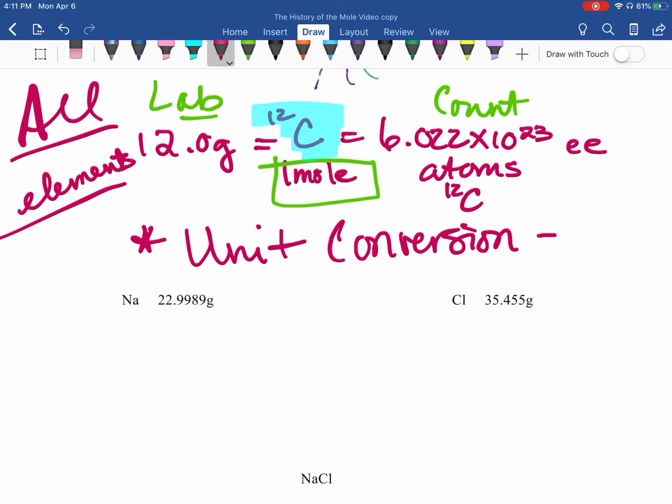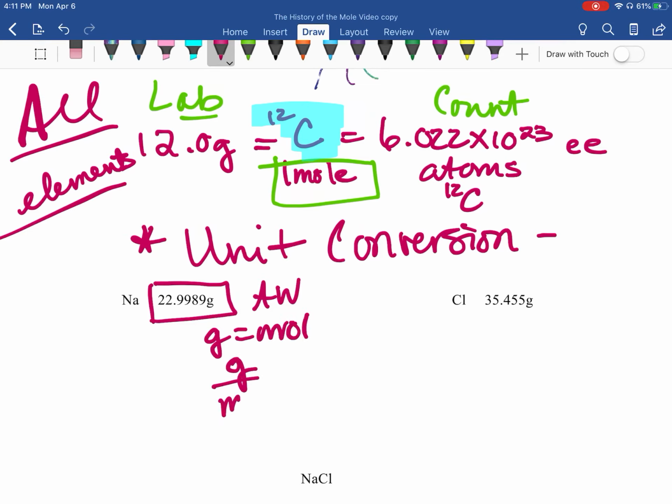That's it. So on the periodic table, anytime you see an atomic weight, the unit for that atomic weight is grams in a mole, which translates to grams over mole. So every single one of our atomic weights now on your periodic table, write that down.